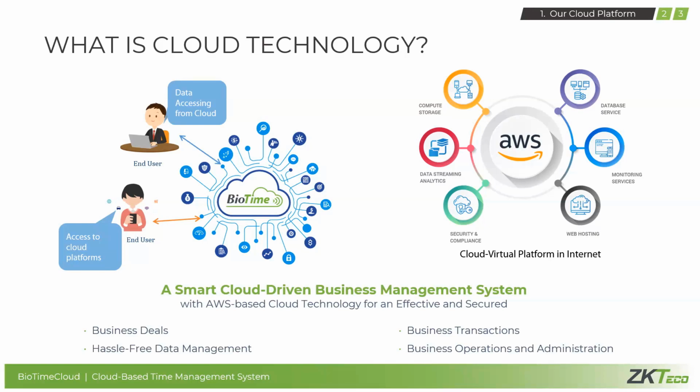These are the main features that we know for the cloud, virtual platform, and internet. Coming to the smart cloud-driven business management system for BioTimeCloud, we can manage business deals, business transactions, hassle-free data management, and many other processes. So this is cloud technology.